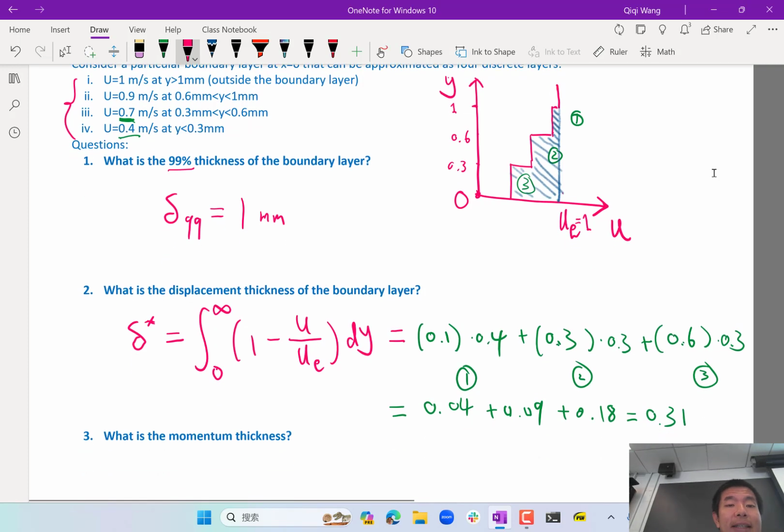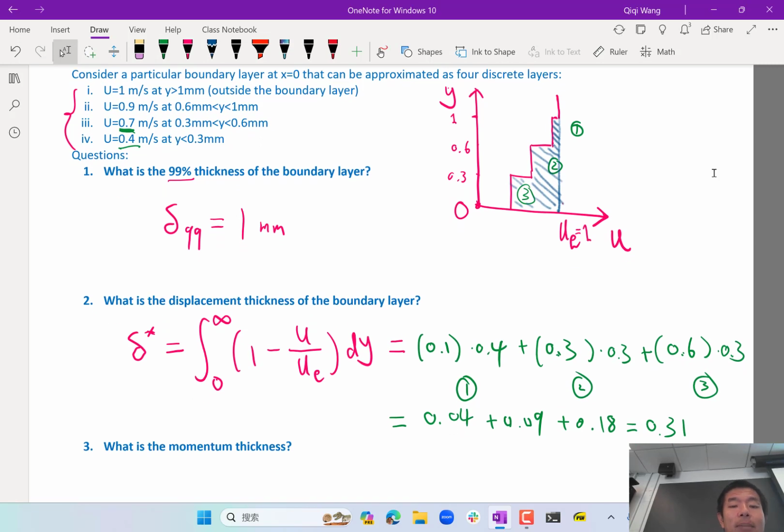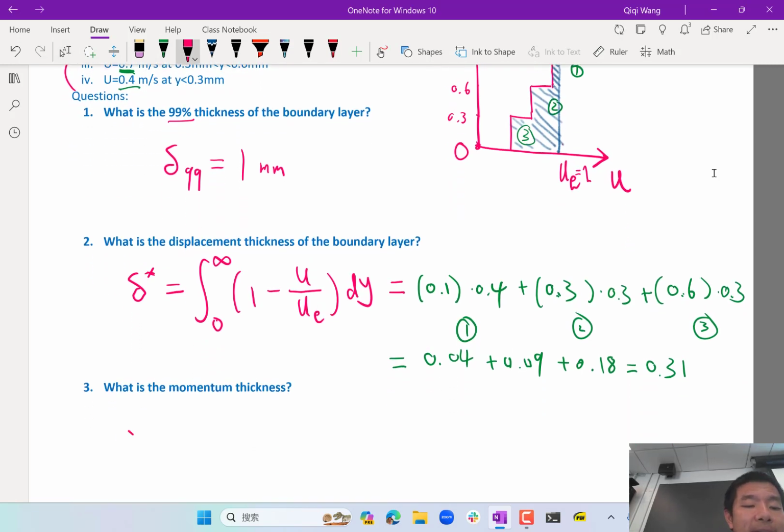Okay, then similarly, we'll ask what is the momentum thickness? The momentum thickness, theta. In the last lecture, we did the analysis showing that the momentum thickness is actually related to the momentum deficit, right?